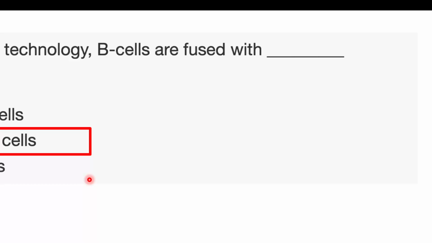Very good. You guys have answered very correctly and great participation as well. I know it's a thin population, but it's always good to see students who pay attention and participate in these one-on-one sessions, right? So in hybridoma technology, the B cells are fused with myeloma cells.